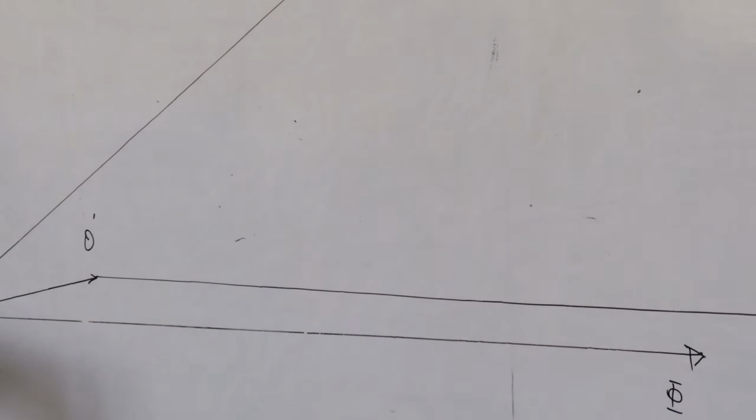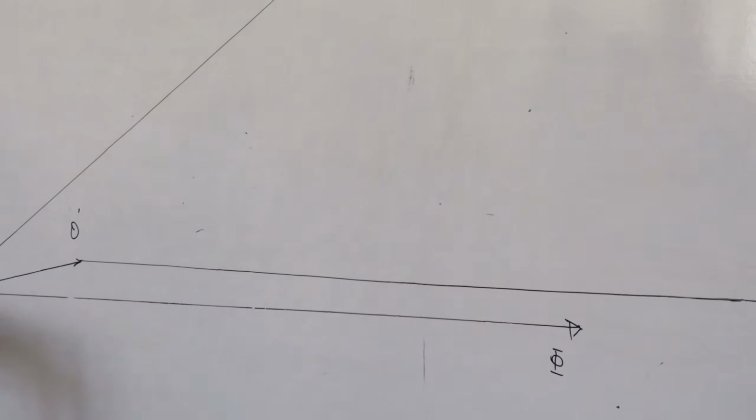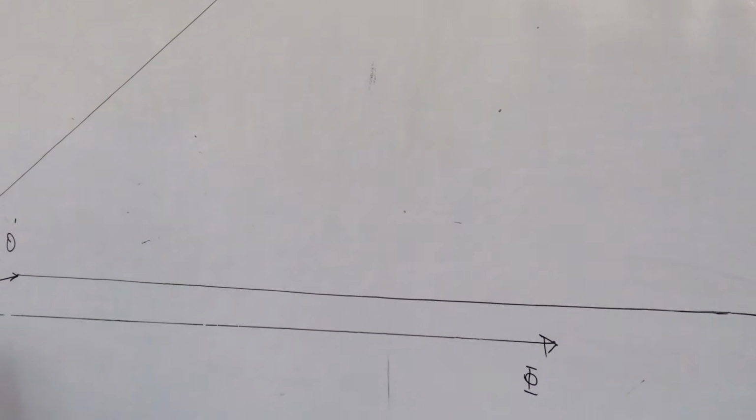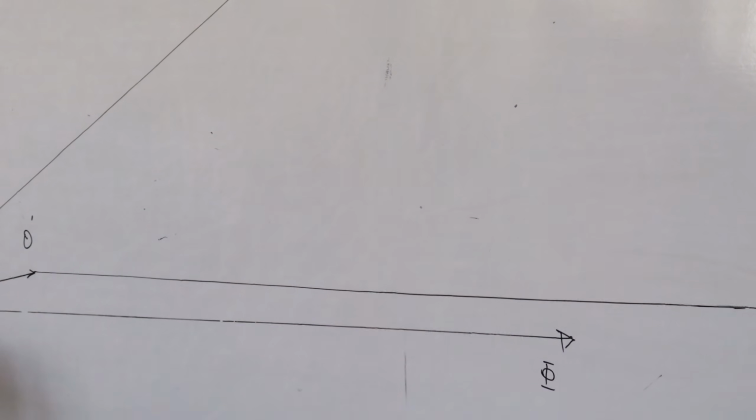Where is your O prime? At what point? That's why we need the line.